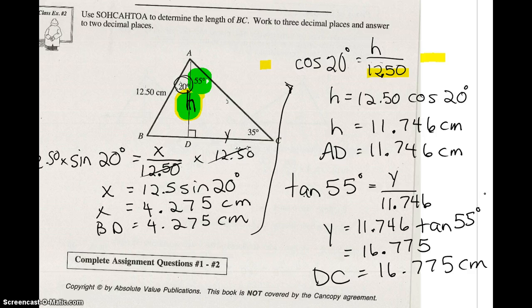Now, what do I need to do? Initially, the question asked me for the length of BC, which of course is this whole bottom.